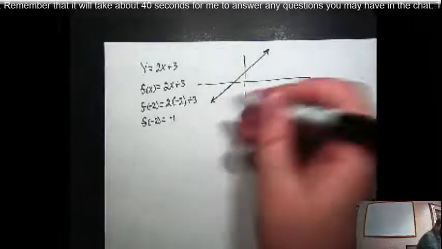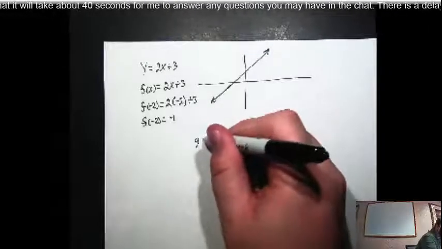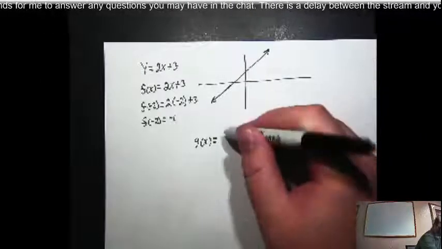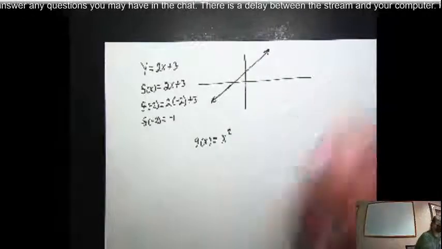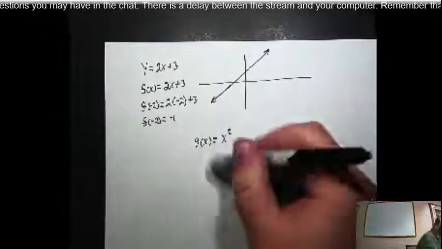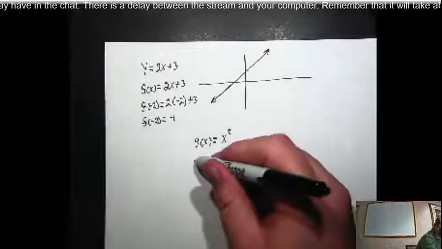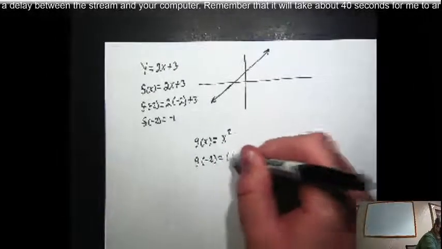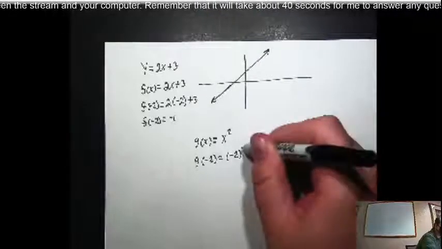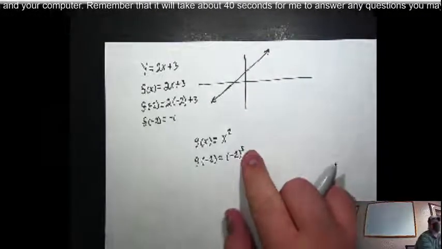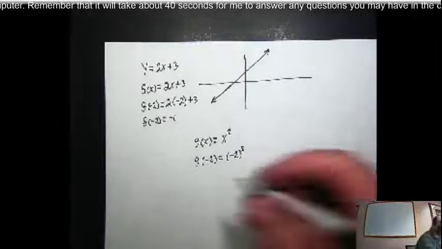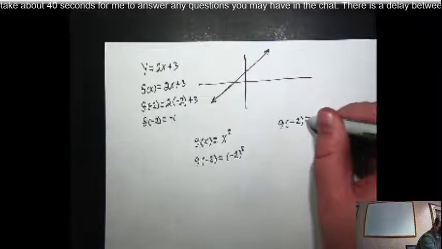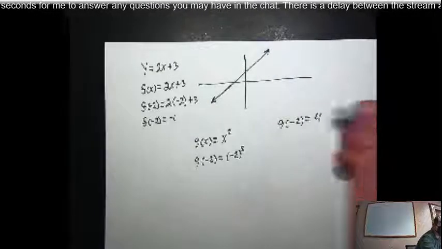I mean, if I make a function here real quick, maybe g of x equals x squared, and I plug in -2 for this, well, -2 squared is 4, positive 4, right? So that means that g of -2 is equal to positive 4.